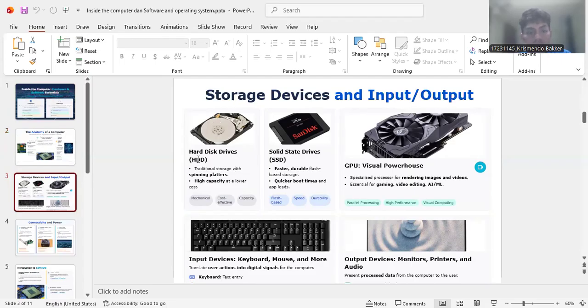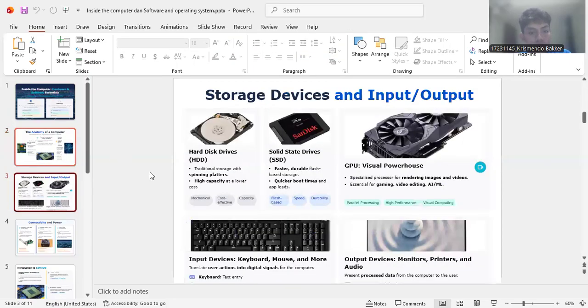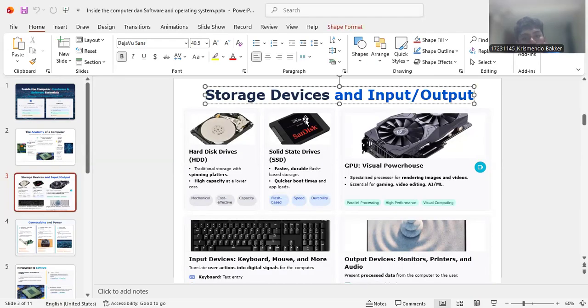Storage devices and input or output. Beside the CPU, there are also storage devices and input or output.